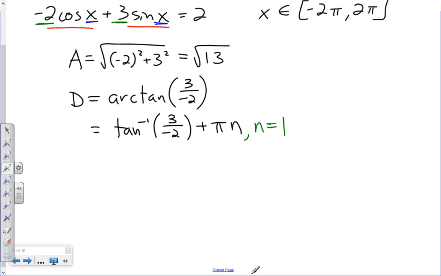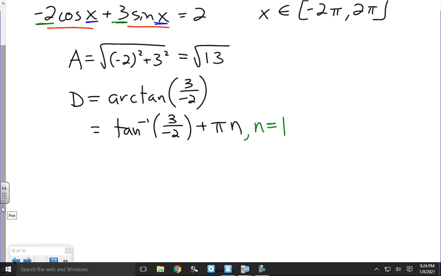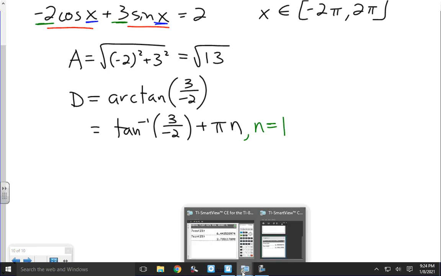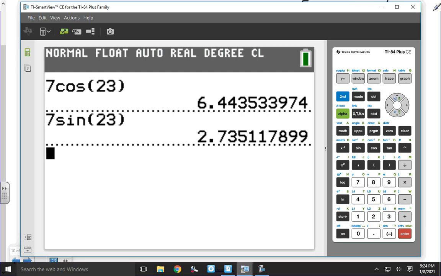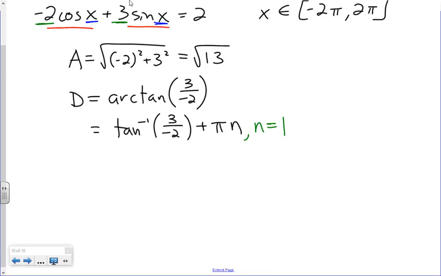And let's actually find what that value is. So let's grab our calculator and evaluate this. Tangent inverse, I had to remember what we needed.